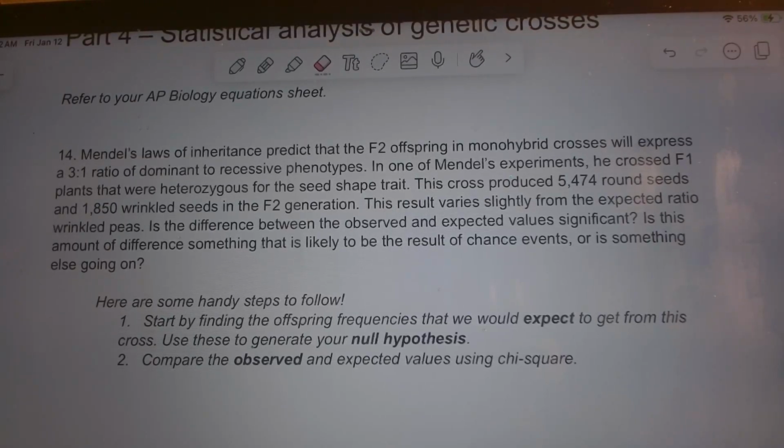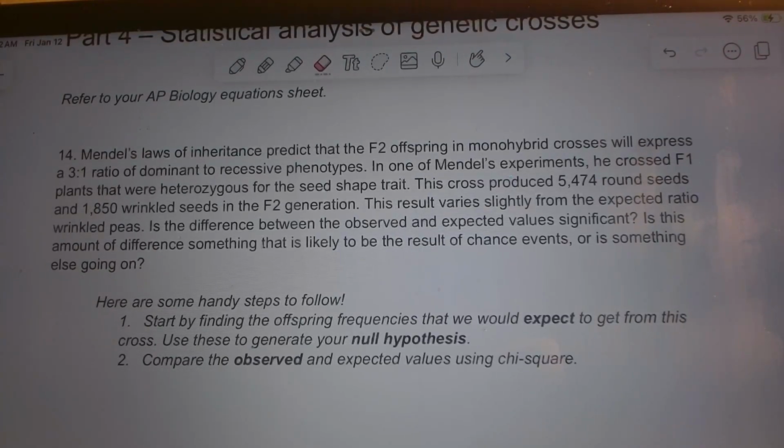In one of Mendel's experiments, he crossed F1 plants that were heterozygous for the seed shape trait. This cross produced 5,474 round seeds and 1,850 wrinkled seeds in the F2 generation. This result varies slightly from the expected ratio of round to wrinkled peas.